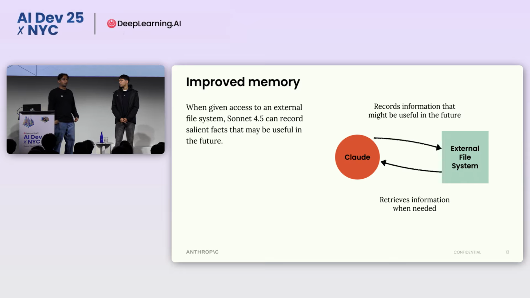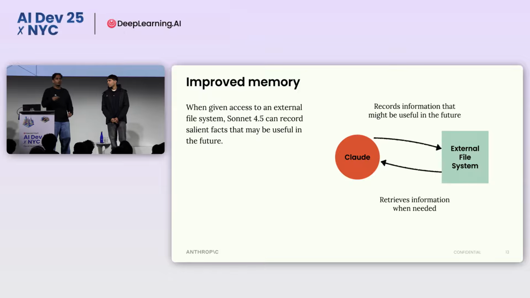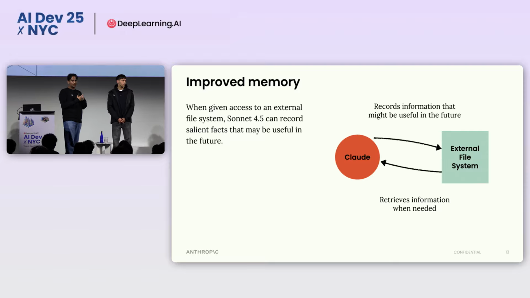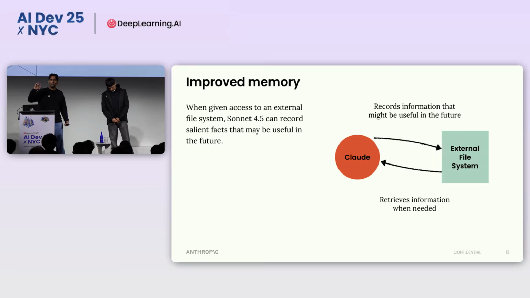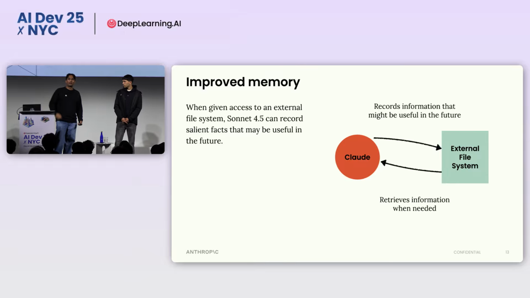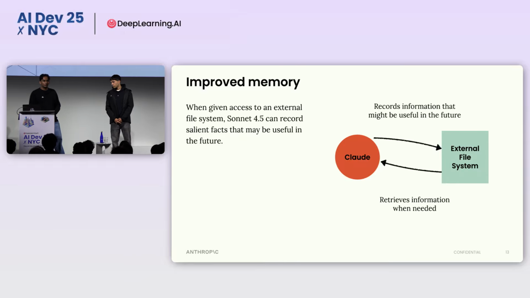And then as it works on a task, it's able to just note down the most important details for future instances of that same agent. And then it's also able to dynamically query and read that unstructured data in that file system to actually find the right context it needs for a given task at any given point in time. So we found that recent models such as Sonnet 4.5 have gotten better in both axes of how you actually use and utilize memory.